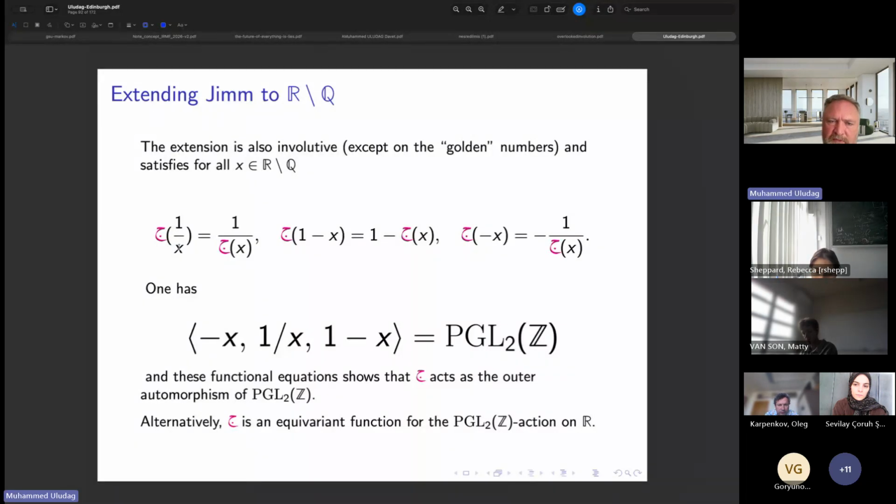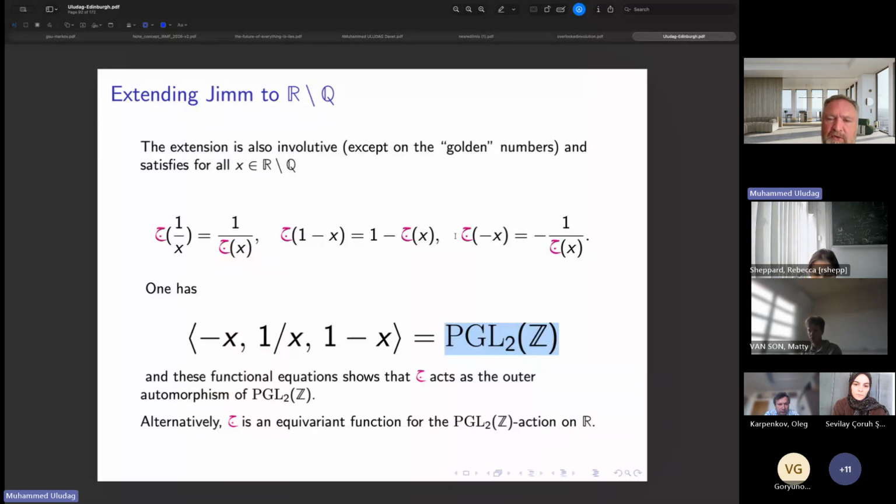So Jimm of 1 over x equals 1 over Jimm x. Jimm of 1 minus x equals 1 minus Jimm x, and Jimm of minus x equals minus 1 over Jimm x. Well, these three operators, 1 over x, 1 minus x, and minus x, generate the whole projective general linear group over the integers.